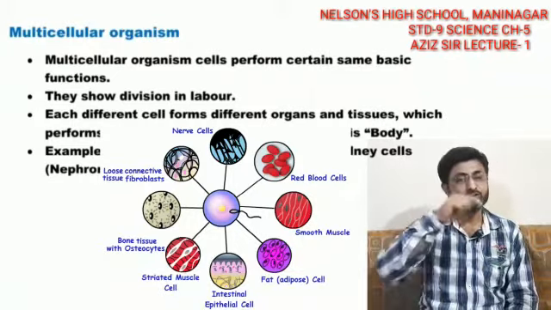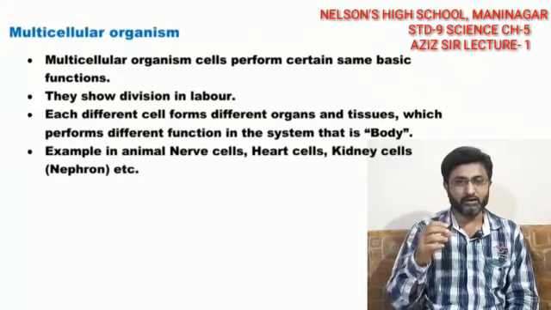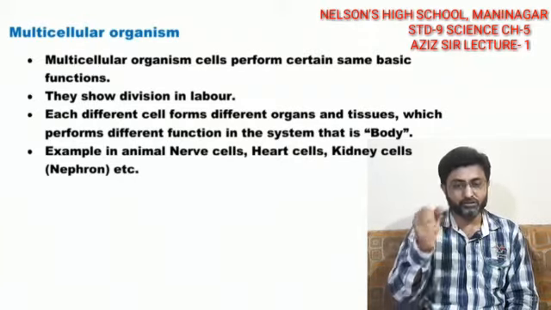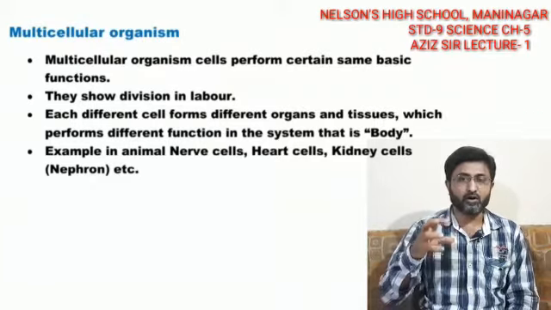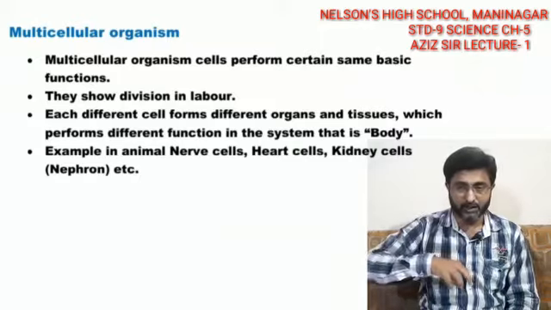Now each different cell forms, if I say my heart cells, that is the septa, the muscles of the heart, have different types of cells, and these different types of cells combine to form tissues. These tissues combine to form organs, and these organs have specific functions in the entire system.